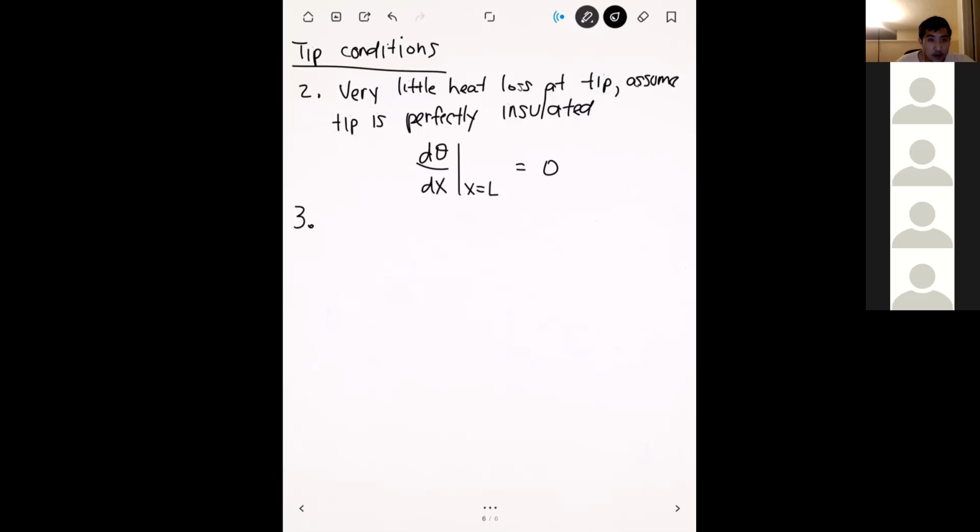The third tip condition that we can specify is to say maybe we know exactly what the temperature is at the end of the fin.